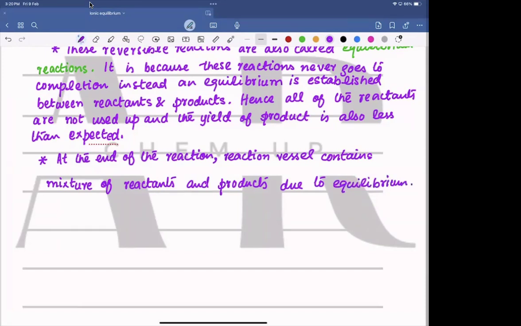So in the container, we don't just get product, we get a mixture of reactants and products. Is this clear to all of you? Yes, sir. Okay.